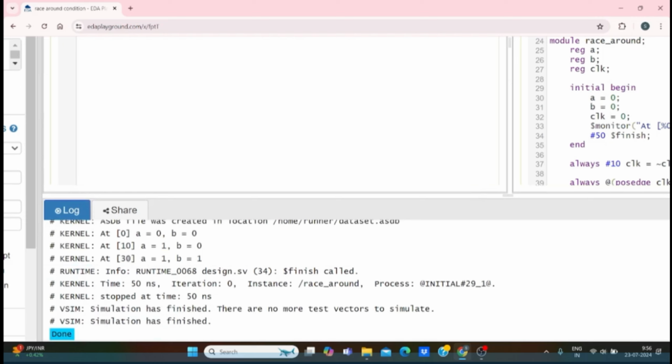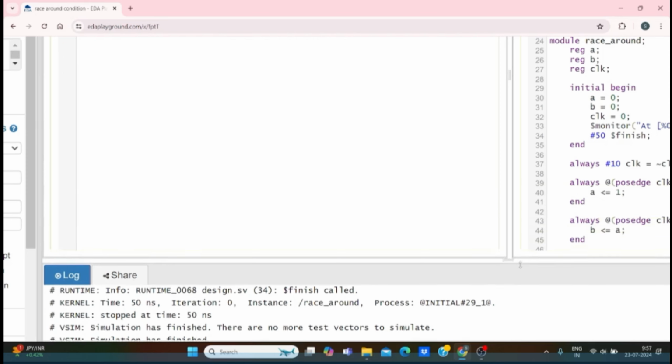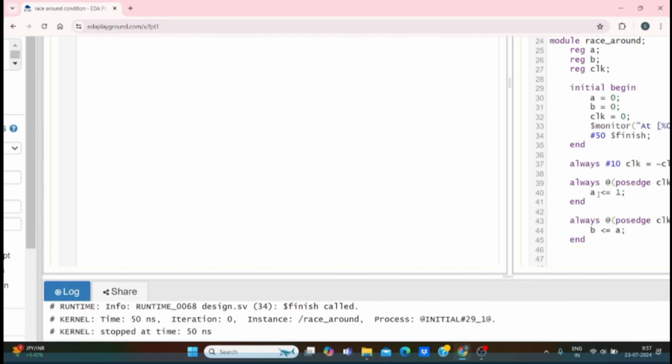Okay, now at 30. Why at 30? Because at 20 the clock is negedge, so it won't be responding. Now again at 30 the clock will be at posedge. So for posedge what will be happening now? Since A equal to 1 in the before posedge, now A is carrying 1, then B is automatically refreshing its value from 0 to 1.